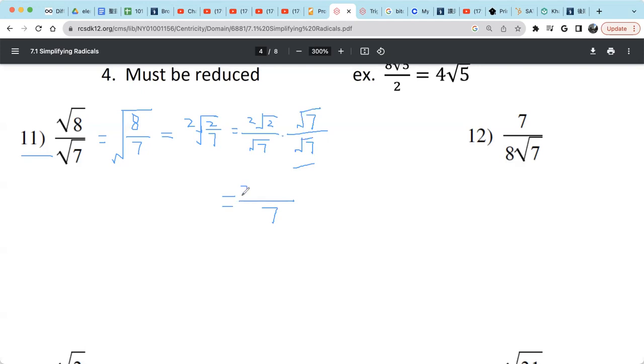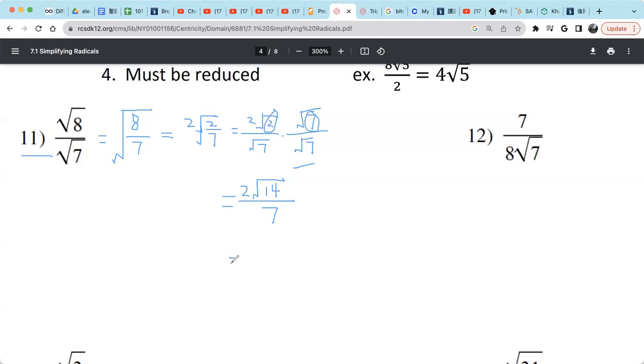Then the numerator will have 2 square root. So square root of this 2 is a prime number. This is a prime number. 2 prime numbers multiplied, we don't have squares inside. 2 times 7 is 14. So for 11, the answer is 2 radical 14 over 7.